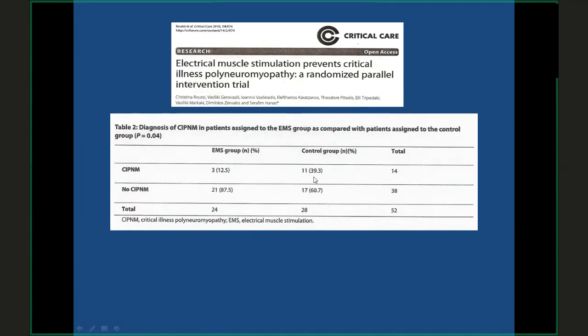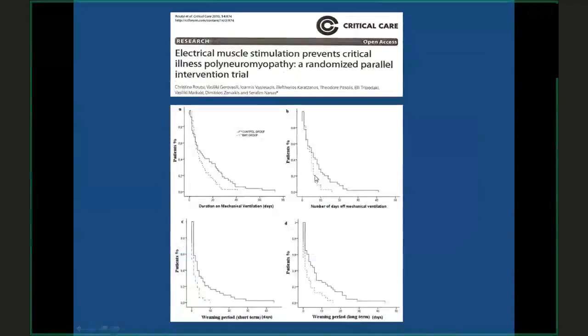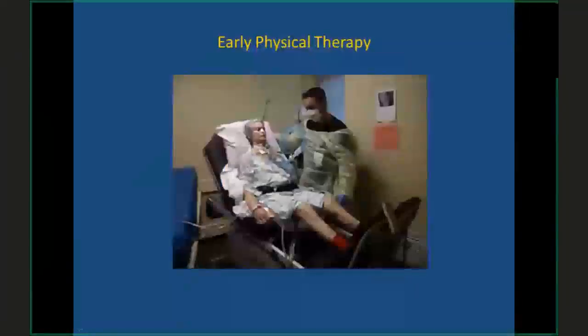So that's a significant difference. The patients stayed in the ICU shorter and also stayed on ventilation relatively shorter. So in this study, they say electrical muscle stimulation could reduce CIPNM.